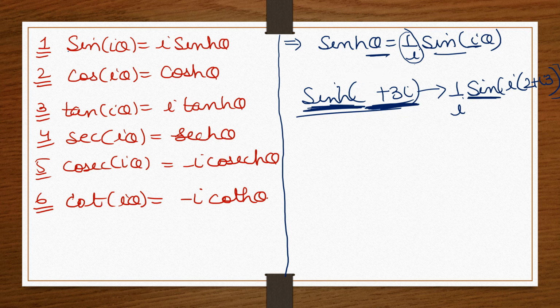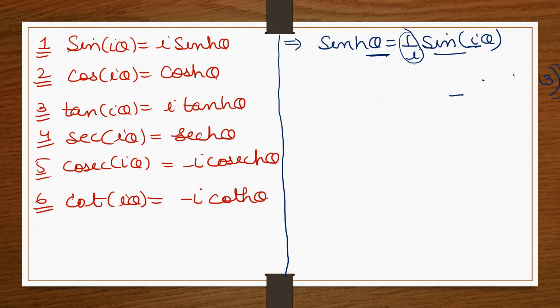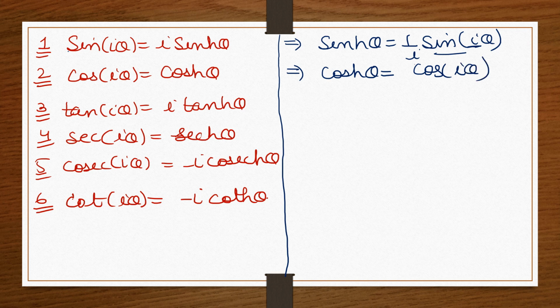Similarly, we'll write the formulas of hyperbolic functions in the form of circular functions. From the second one, cos hyperbolic theta is equal to cos iota theta. I'm just reversing the order. Third, tan hyperbolic theta will be 1 by iota tan iota theta.